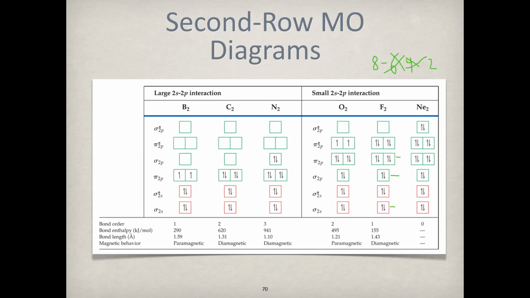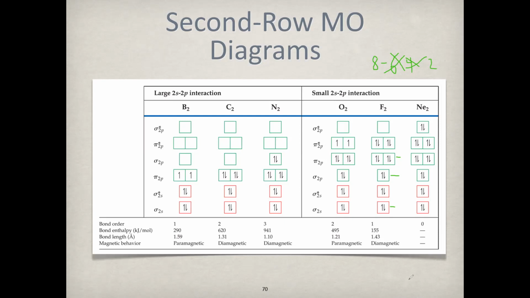But also, if you look, we've got this term magnetic behavior. And you may be able to notice, boron and oxygen are both going to be paramagnetic, while the other 3 here, we're excluding neon just because it's not actually going to form this molecule. That's why it doesn't actually have any properties here, just because it's going to have a 0 bond order, meaning that these 2 are just going to stay as atoms.